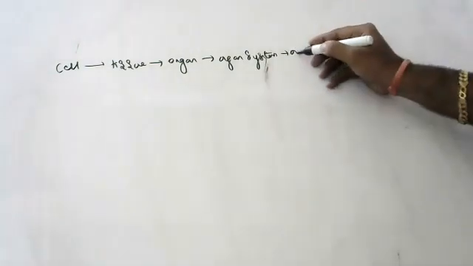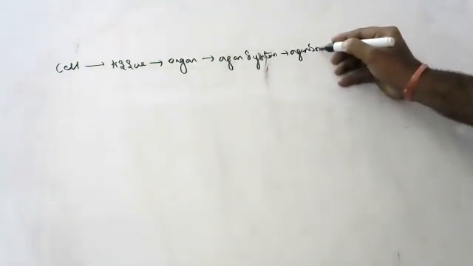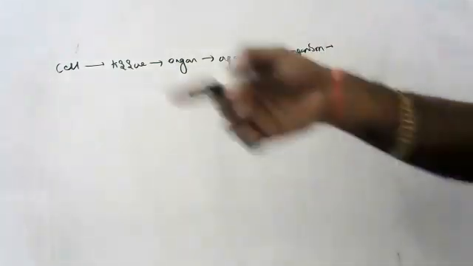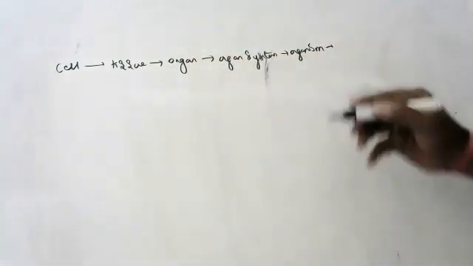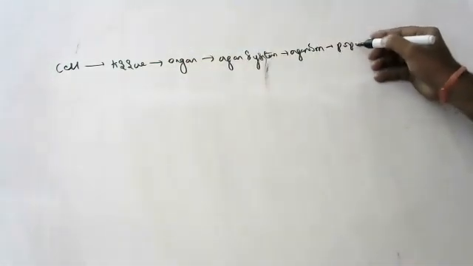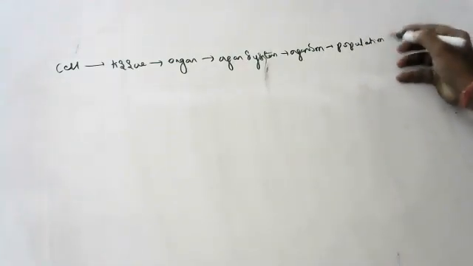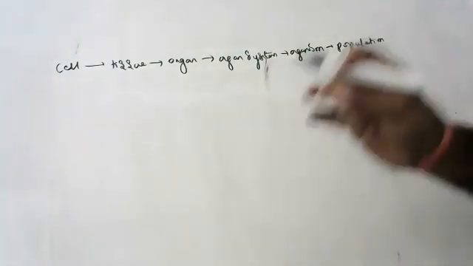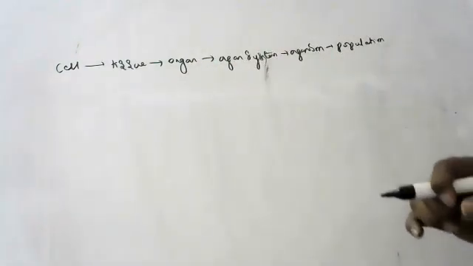All the organ systems in our body combine to form the human body, an organism. All the organisms of the same species are called a population. Same species means human population, dog population, cat population, donkey population. Population means the same organisms should be there.